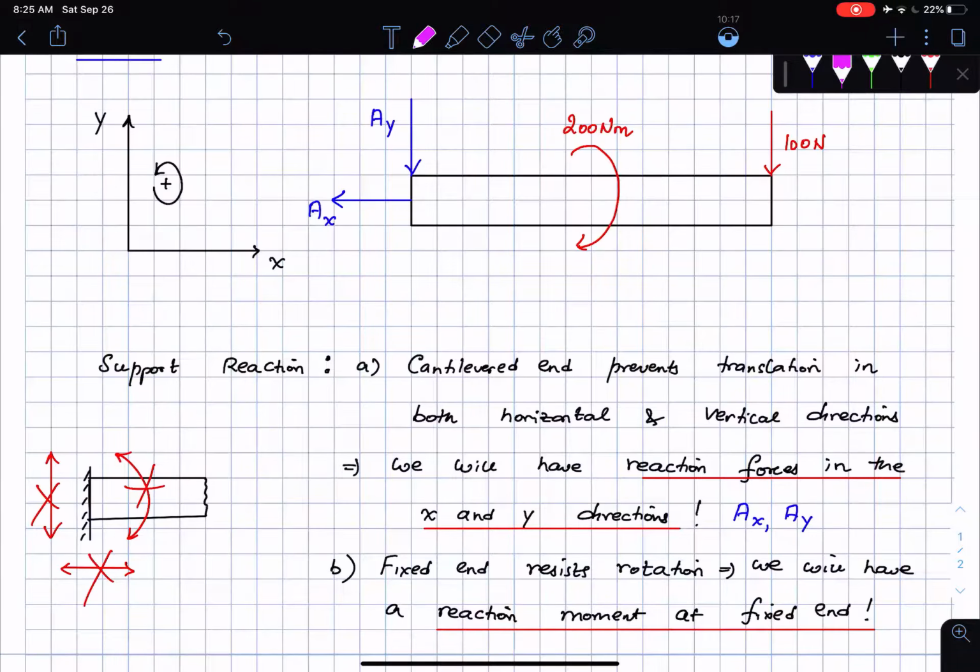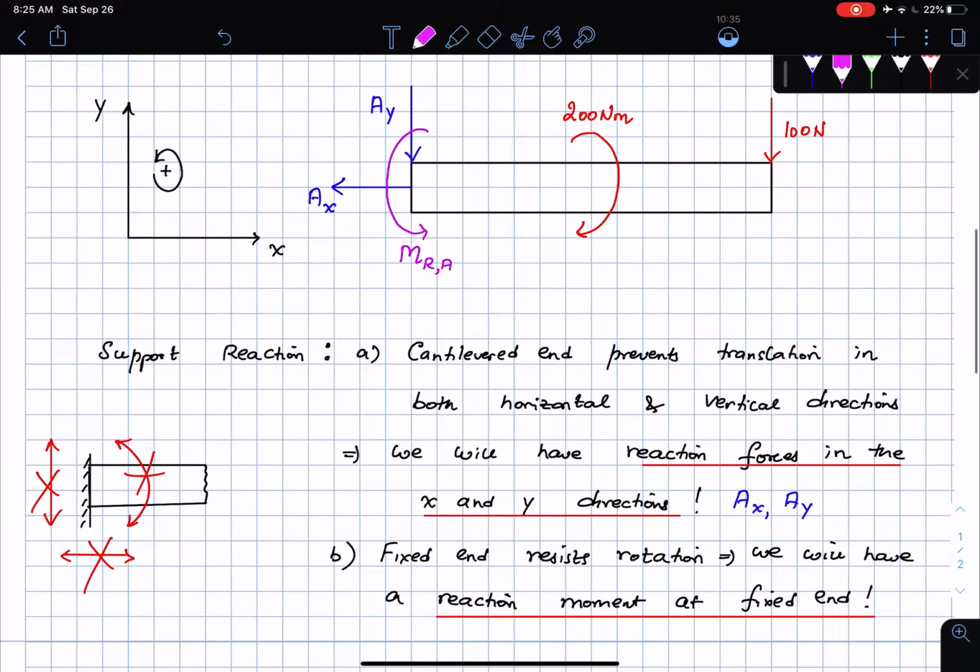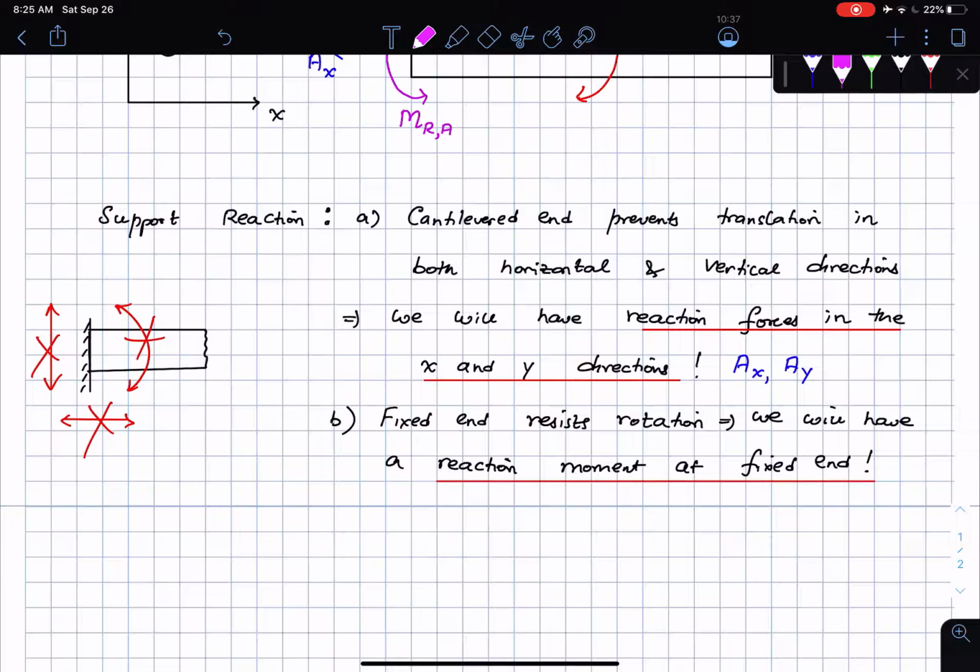I'm just going to assume that this reaction moment is pointing in the counterclockwise direction, and I'm going to call it M suffix R A, the reaction moment at A.